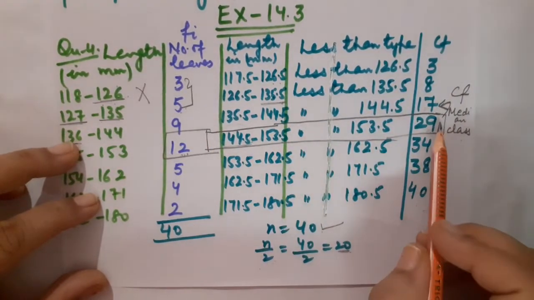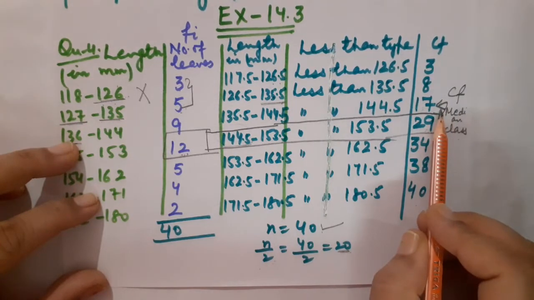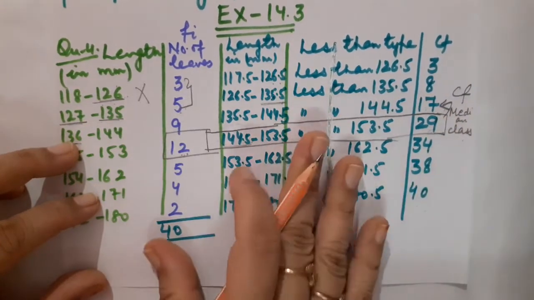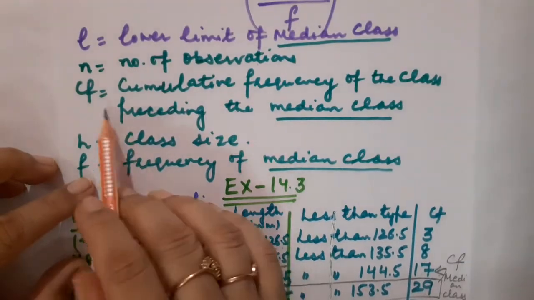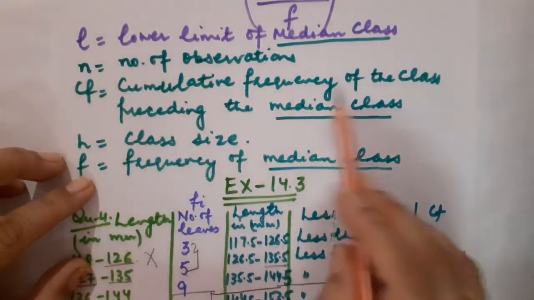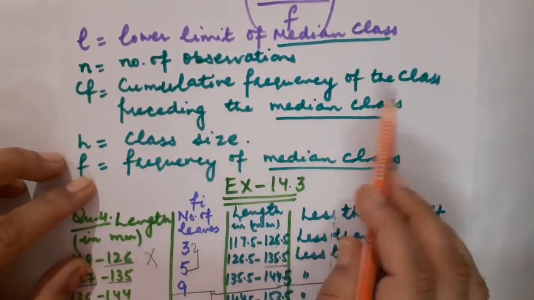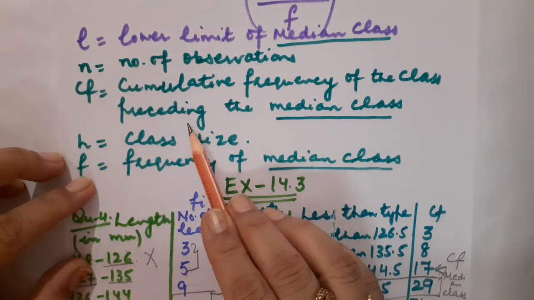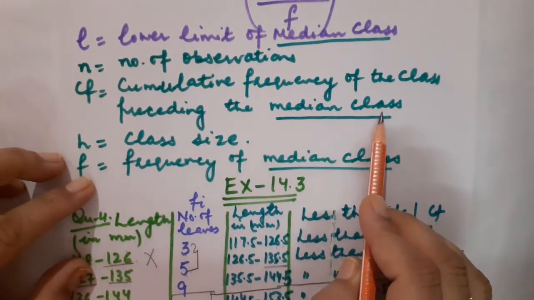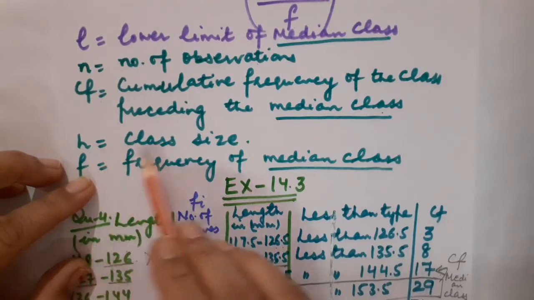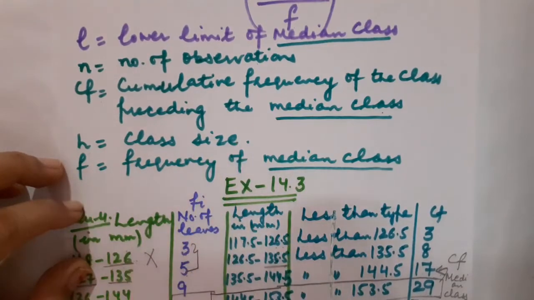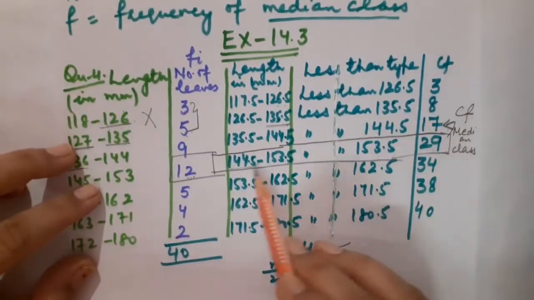But the cumulative frequency you are supposed to take is that of the class preceding the median class. h is the class size, but frequency you are supposed to take of the same median class.